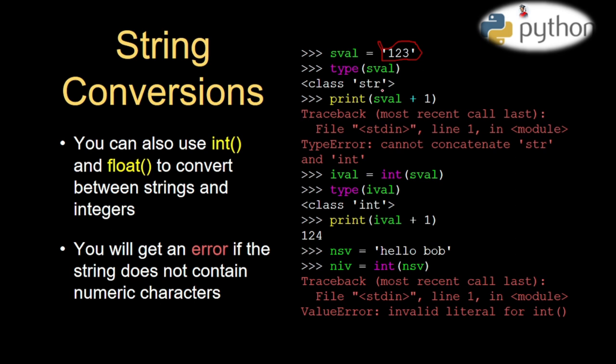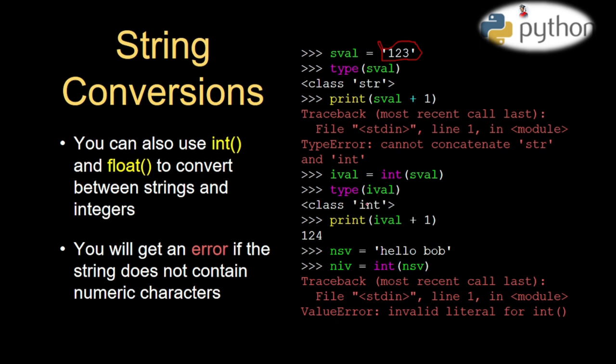Type of sval is string. Then print sval + 1: this is a string plus a number, the data types are not compatible so it is not allowed here. We cannot concatenate it. So first we should change this string value to integer value like this one. ival is equal to int of sval; the 123 under quotation becomes the number 123.